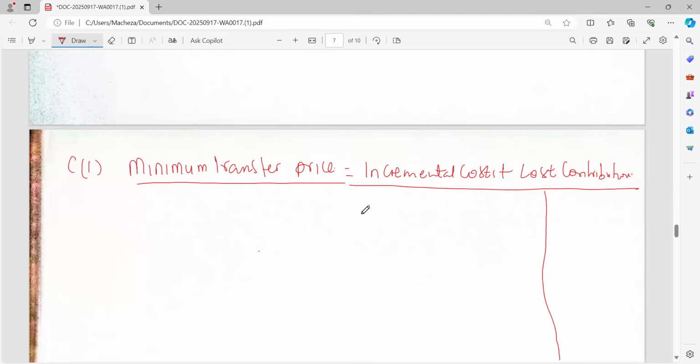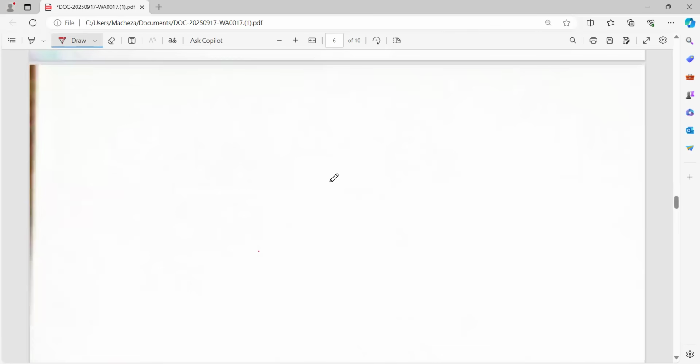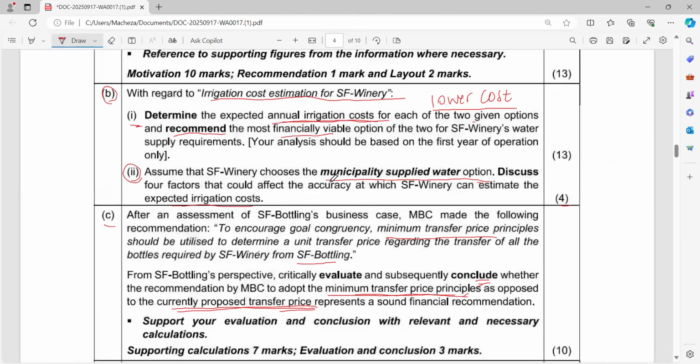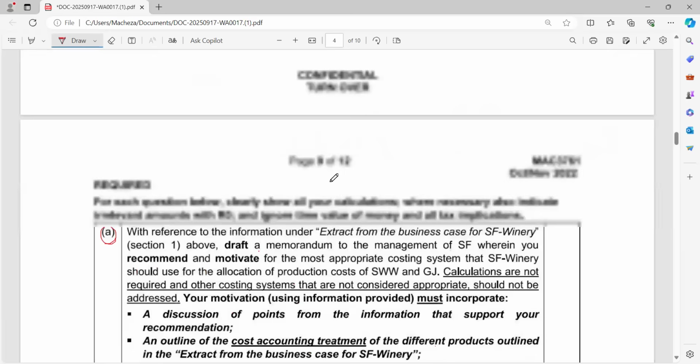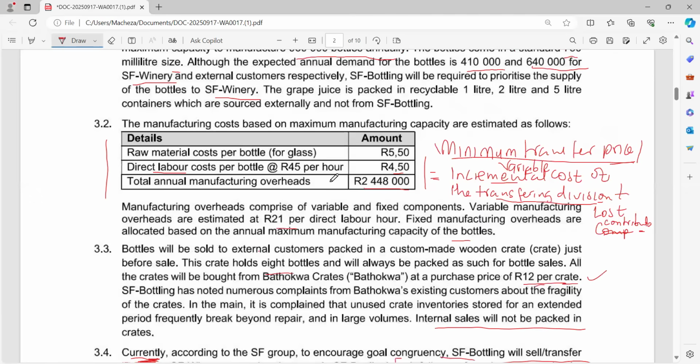We come to our question. The incremental cost of the transferring division is going to be raw materials cost per bottle, R5.50. And what else?